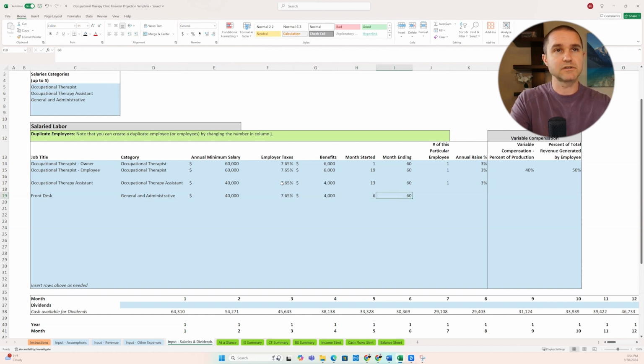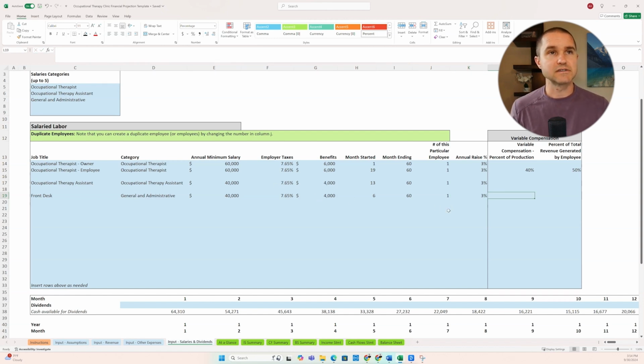Perhaps we want the front desk person to start in month 6. So maybe you start just on your own, but as you start to get some patients, you realize you need some help at the front desk, and so maybe that's month 6 when you're able to hire.